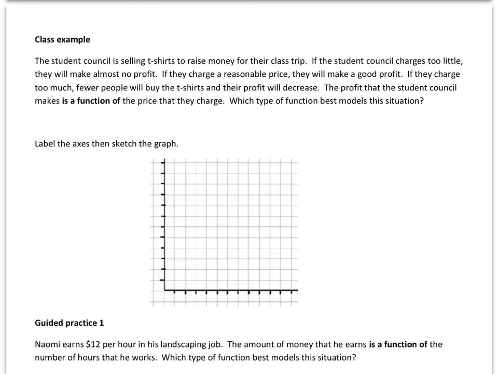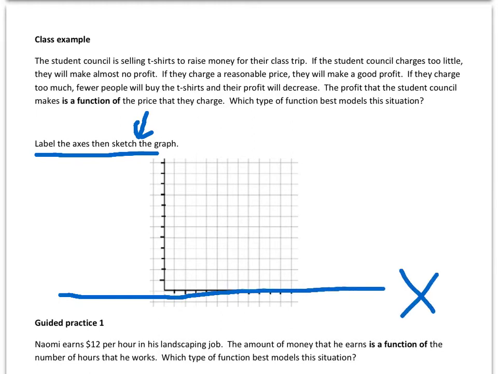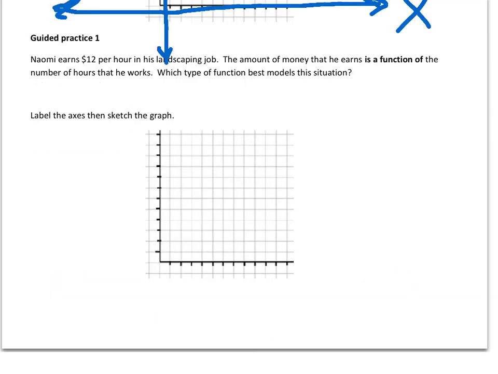What type of function best models this situation? But first we have to label the axes and then sketch the graph. For those of you who need a little refresher, we always have our x-axis coming across horizontally and our y-axis over here. Some people like to think of y to the sky. I'll give you some time to think about that.